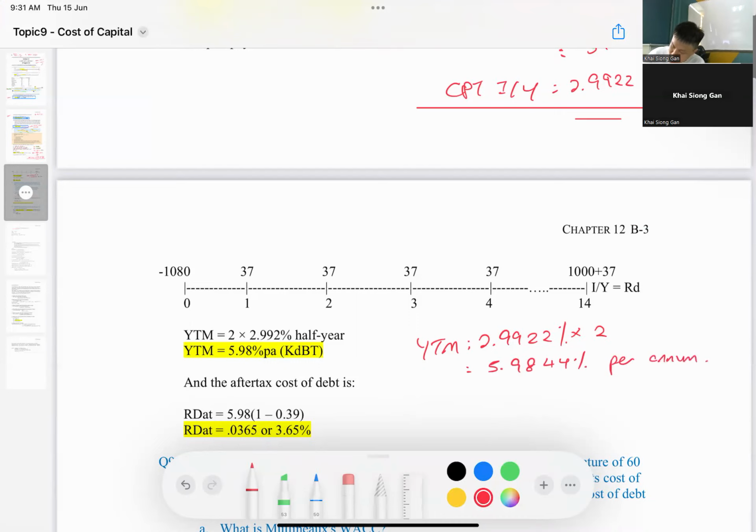Once you got this one just now, it was per half year. Now you have converted to per year. This is your YTM. Very good.